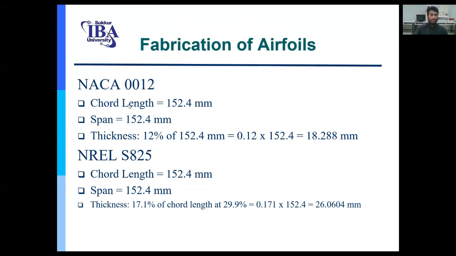We selected the chord length of that airfoil, and we also followed that chord length for our fabricated airfoil. And this is the depth or span of the airfoil, and this is the thickness of the airfoil, which is 18.288 millimeter.